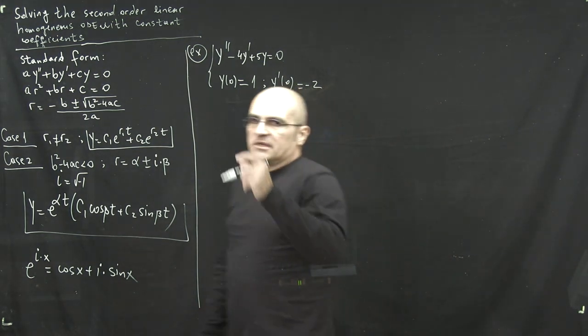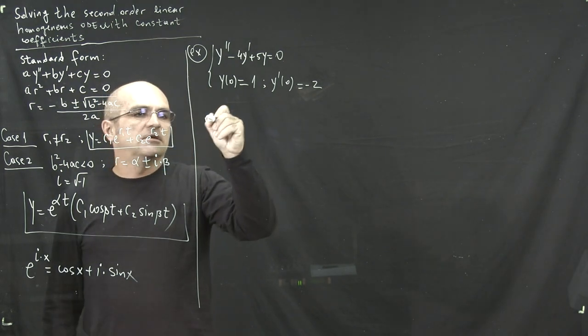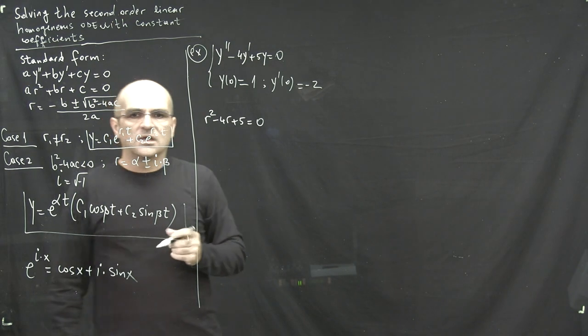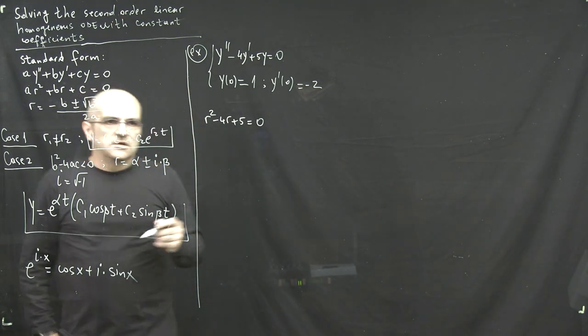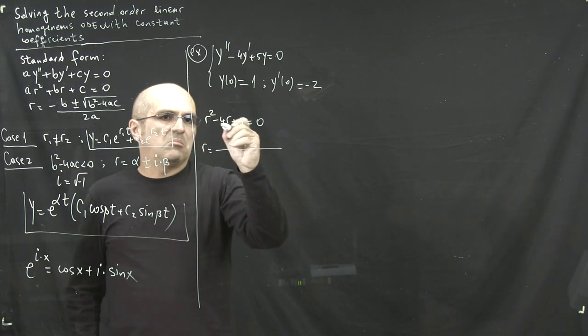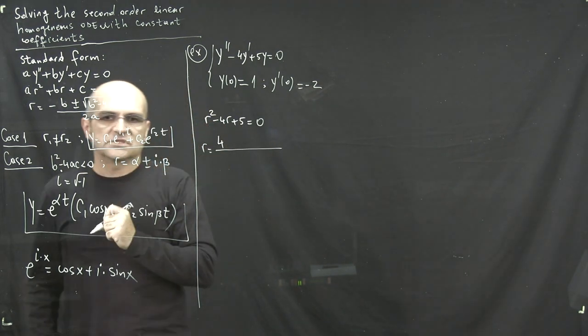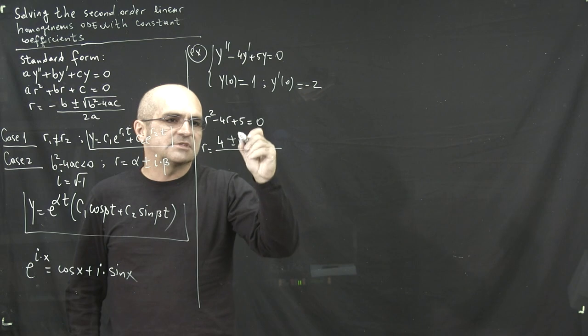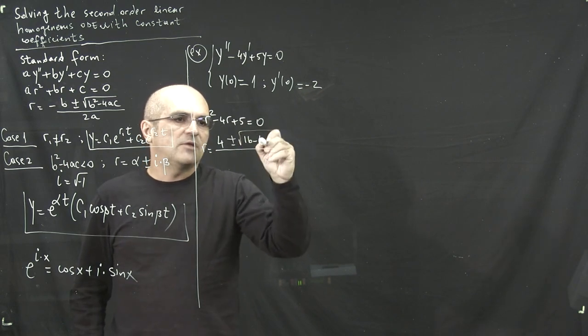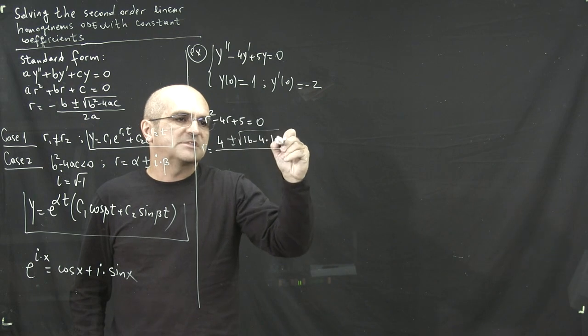So our characteristic equation is r squared minus 4r plus 5 equals 0. And using the quadratic formula, we get that r is minus negative 4, which is 4, plus minus square root of b squared, which is 16, minus 4 times 1 times 5.